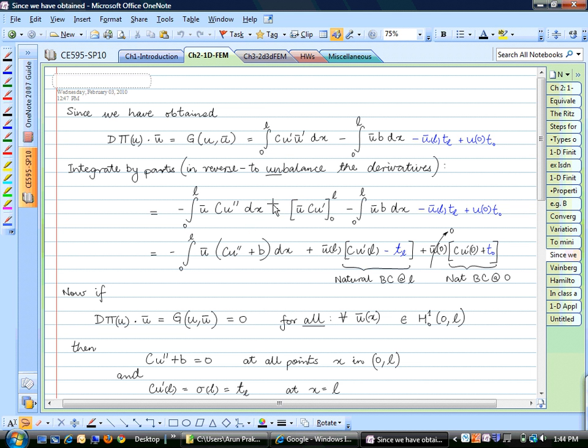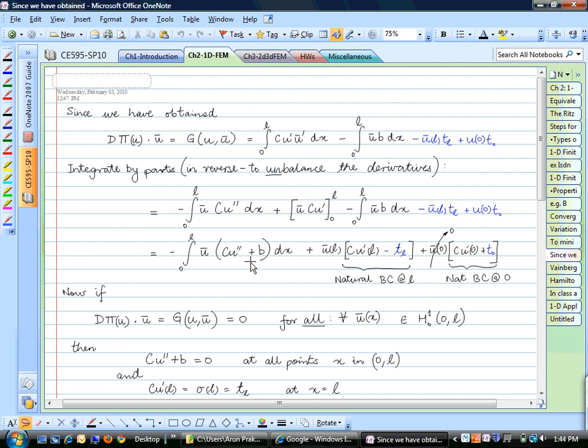And in addition, you will get this boundary term. So now you can take this u bar and this u bar common from these two integrals, and what you will get is this. So this right here is nothing but your governing differential equation.